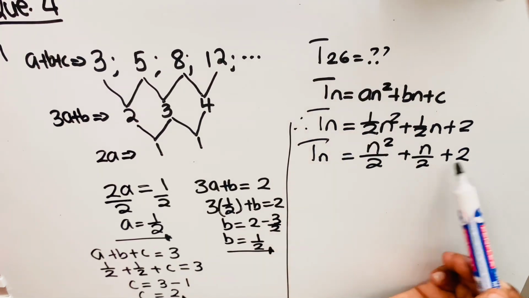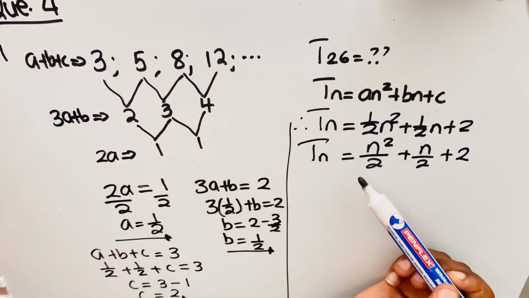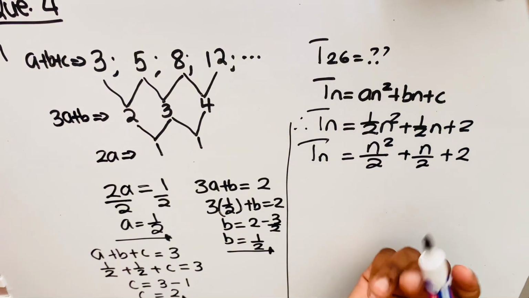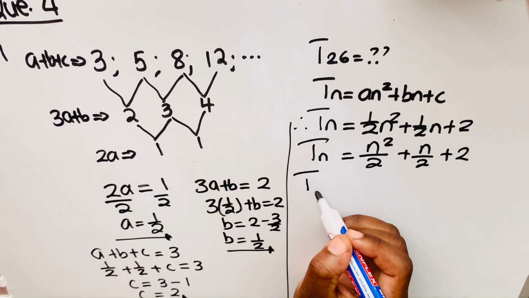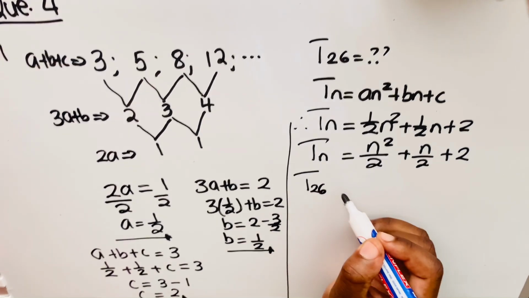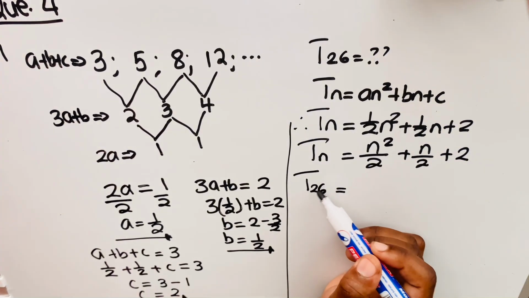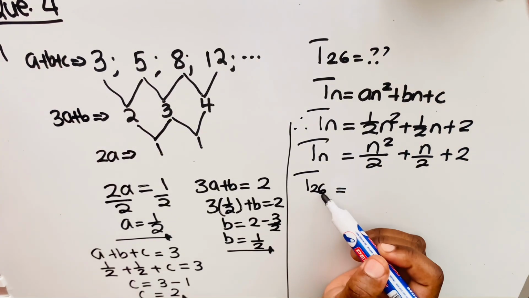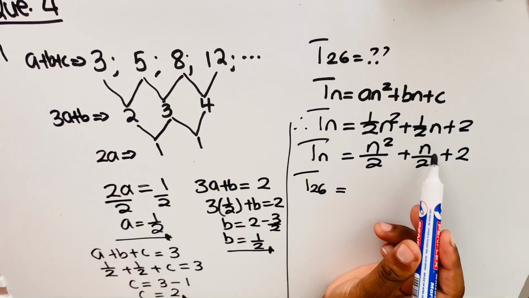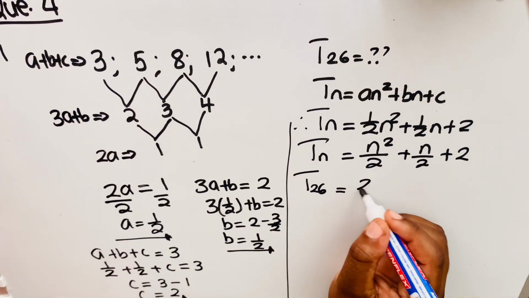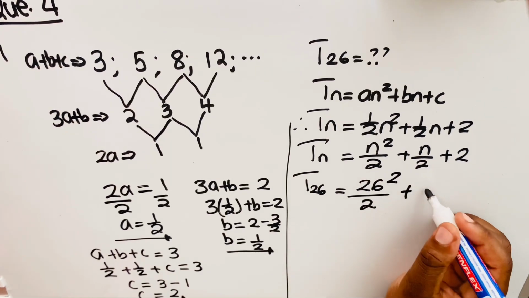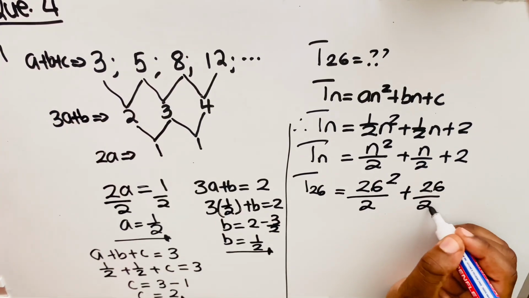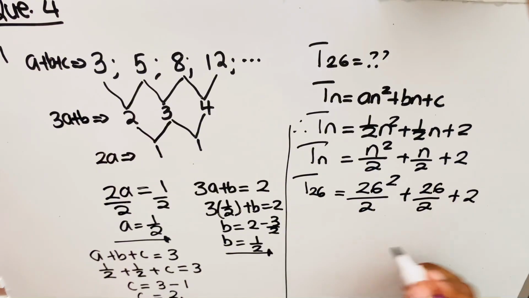Now that we have the rule of the sequence, we can find the value. This is the term in position 26, so wherever there is n we substitute 26, as n means the position. So it's 26 squared over 2 plus 26 over 2 plus 2.